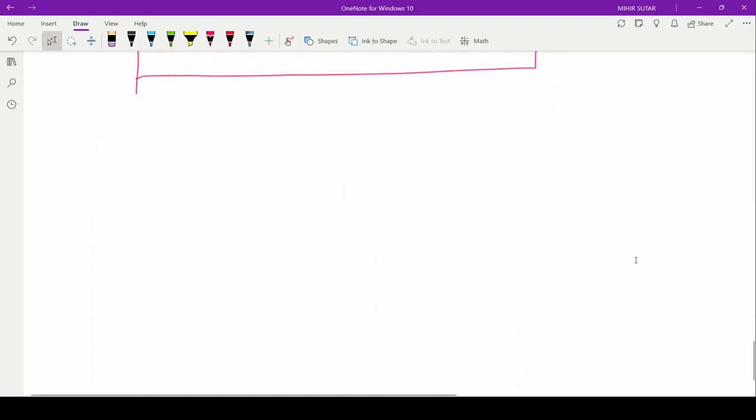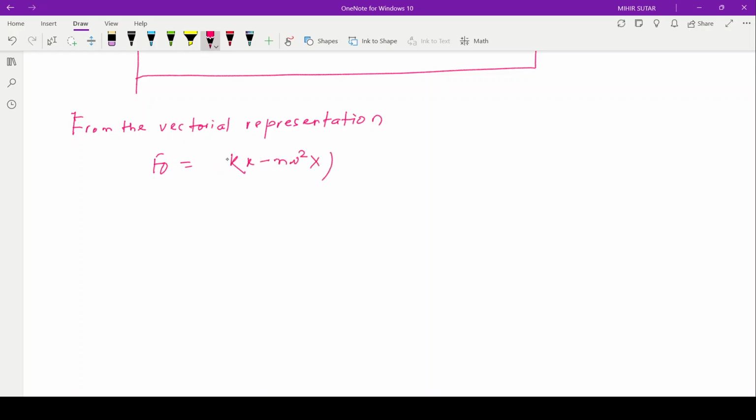So now from the vectorial representation, we have F0 equal to the square root of kx minus m omega square x, squared, plus c omega x, squared.